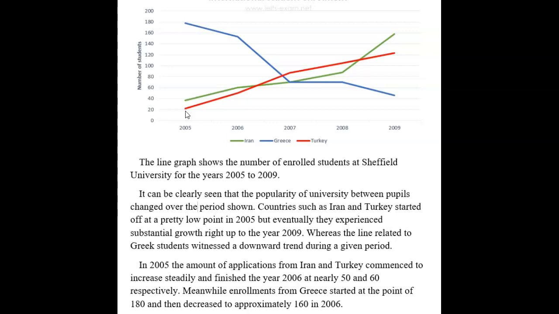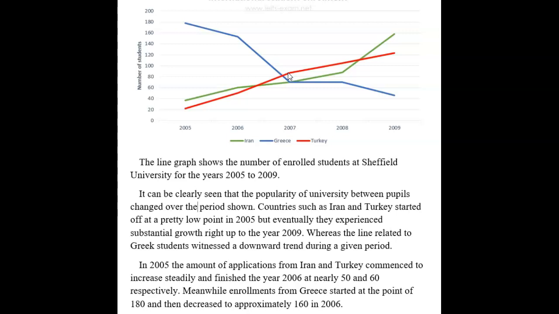Okay, and here it's interesting because you can see that Turkey really took off. We talked about this earlier, so it started at 20, and then for 2 years, it just increased really exponentially. So the next year, it more than doubled. And the year after that, it's like a fourfold increase, really. Okay.